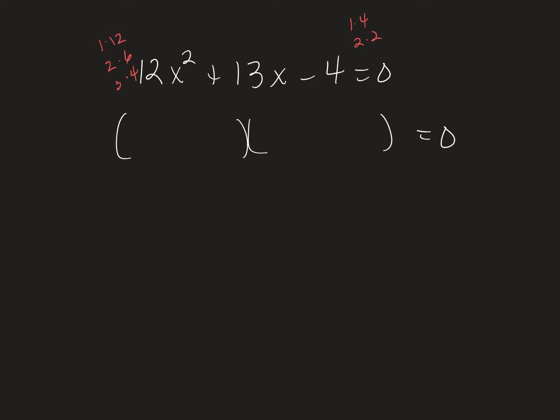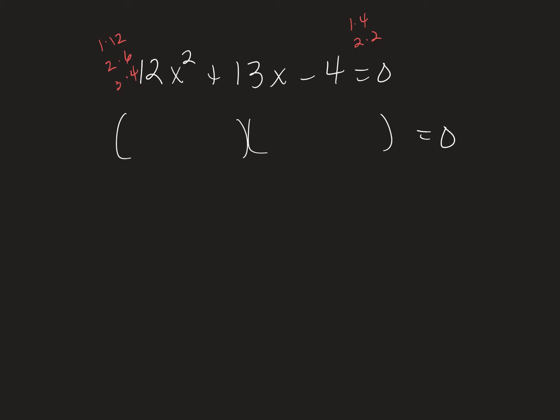When I'm looking at my factors, if I'm being honest, 1 and 12 just kind of screams out to me that I think it's too big. Like I don't think it's going to be 1 and 12. Okay, I could be wrong, but I'm going to assume 1 and 12 doesn't work, okay? So that means I'm stuck with 6 and 2 and 3 and 4.